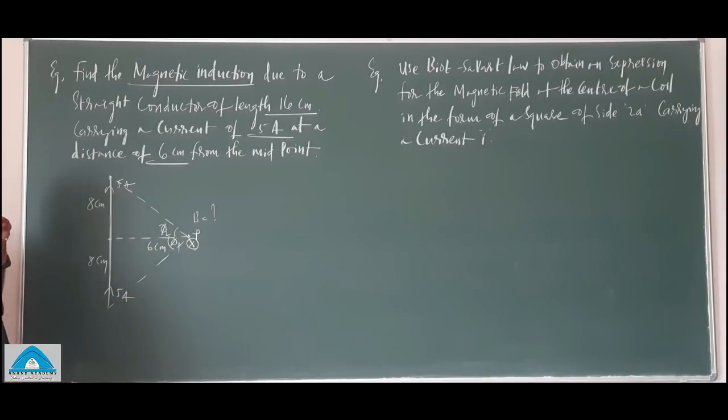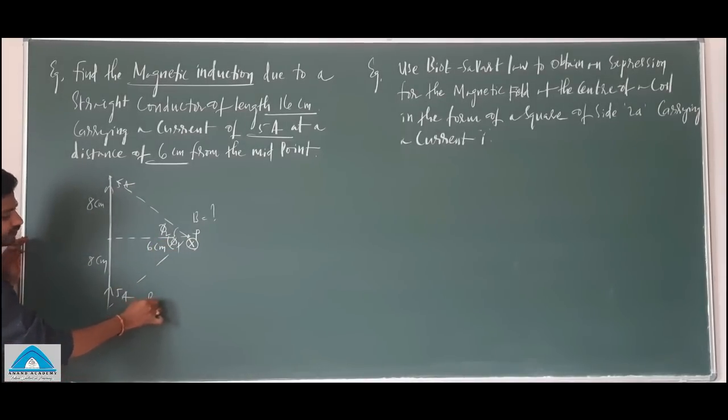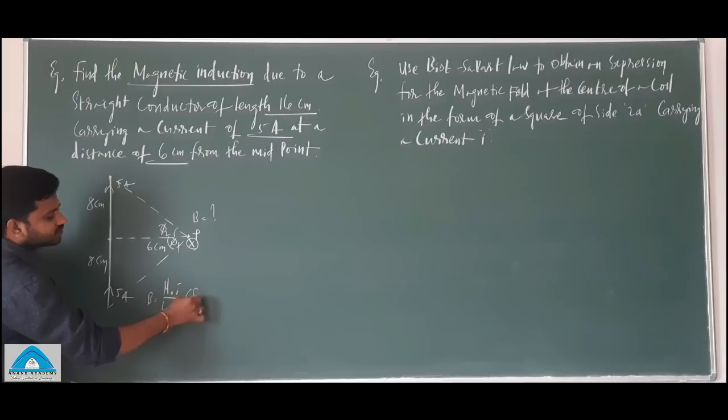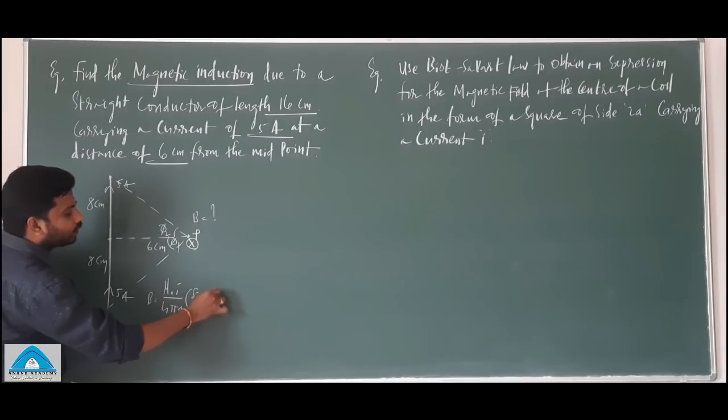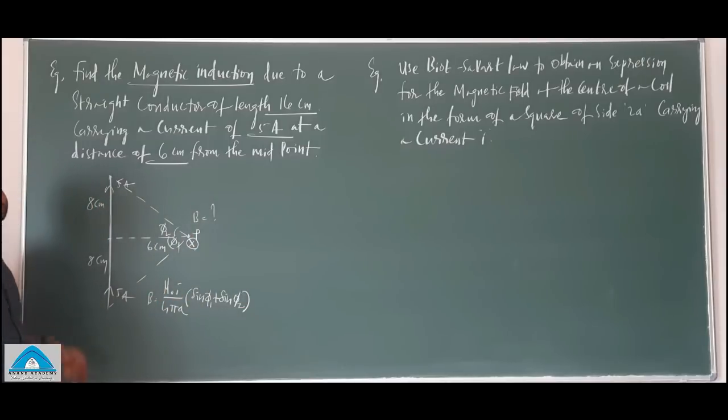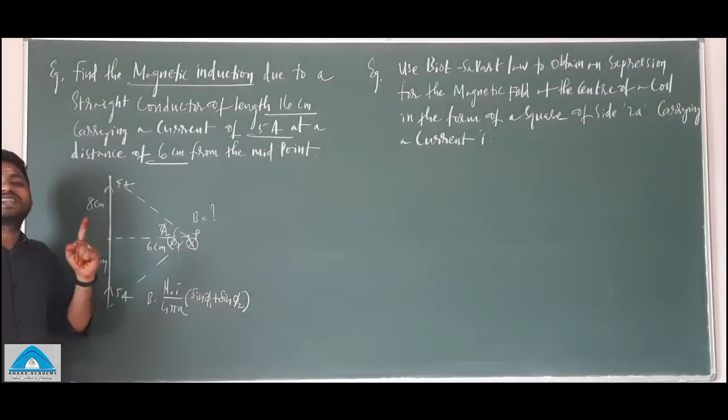We know the basic formula. What is that? B is equal to mu naught I by 4 pi a into sin phi 1 plus sin phi 2. I hope you understand. Number 1, mu naught by 4 pi, what is the value? 10 to the power minus 7.